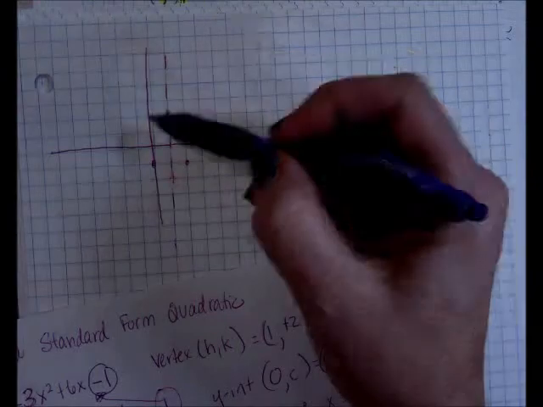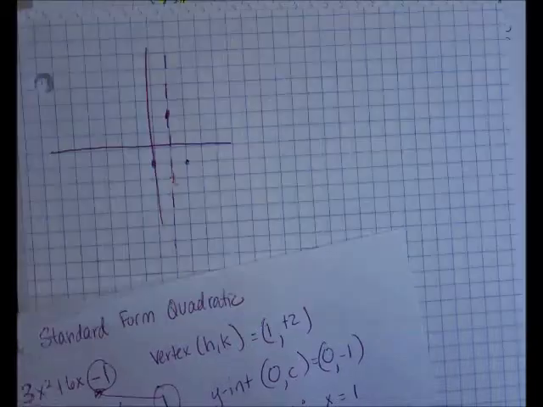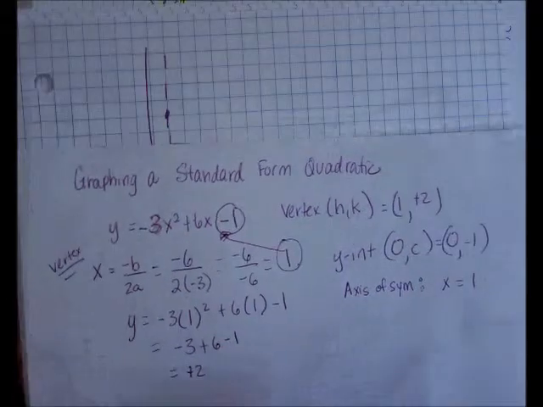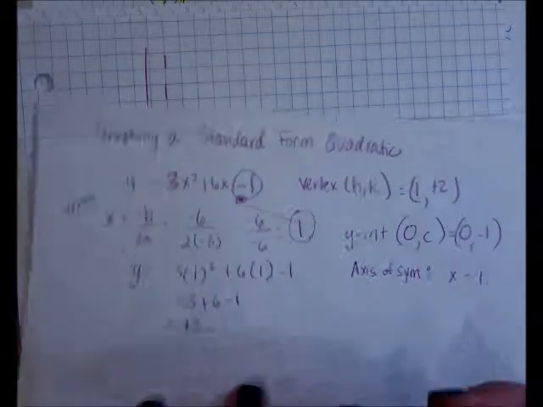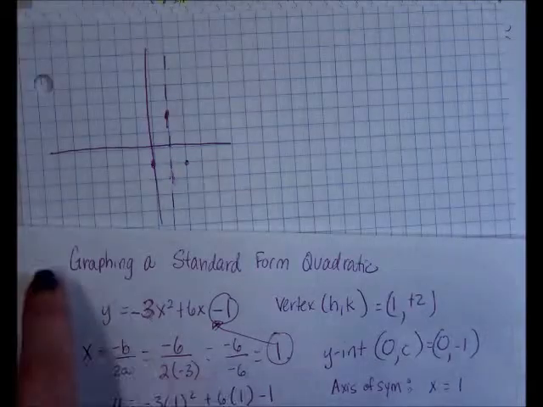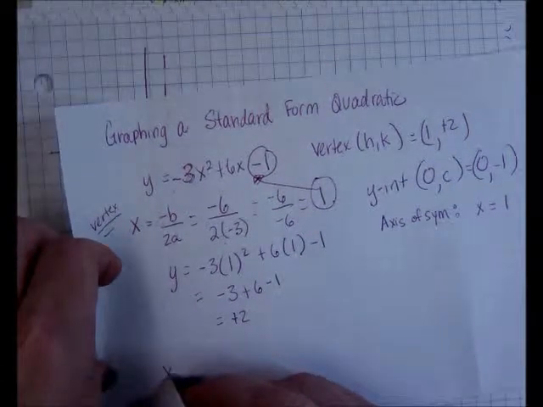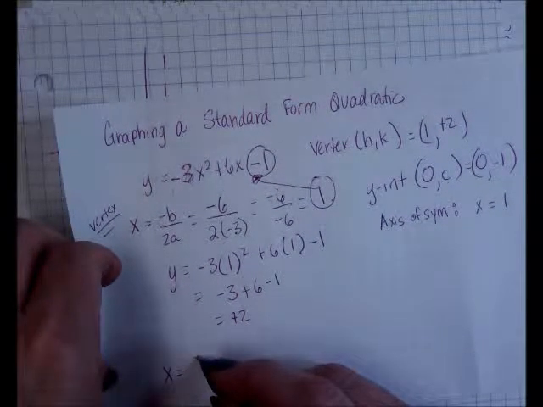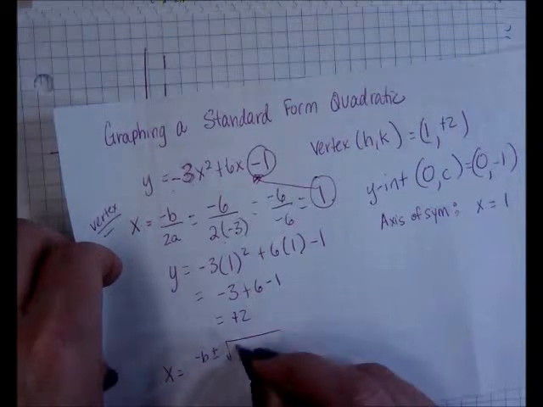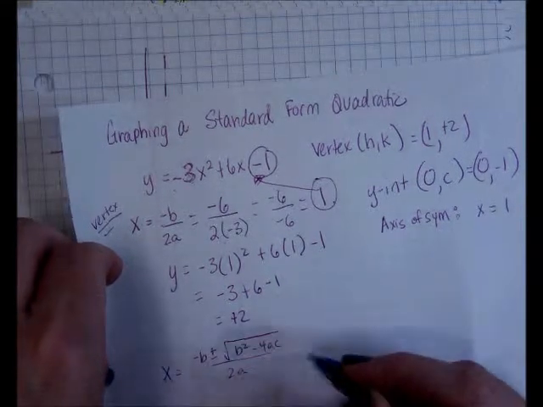Now if I want to find out what my values of x are when it hits the x-axis, I can use the quadratic formula. I could also use the x factor, but I know it's not going to work in this case because it's going to be some fraction number. So let's go ahead and use the quadratic formula, which is x is equal to negative b plus or minus the square root of b squared minus 4ac, over 2a.